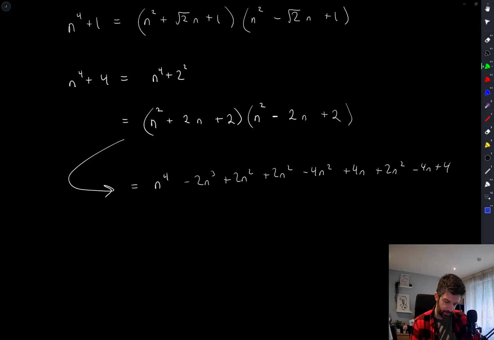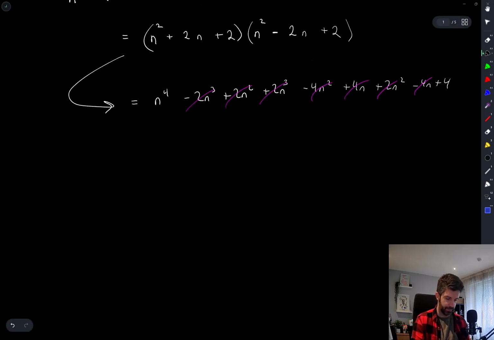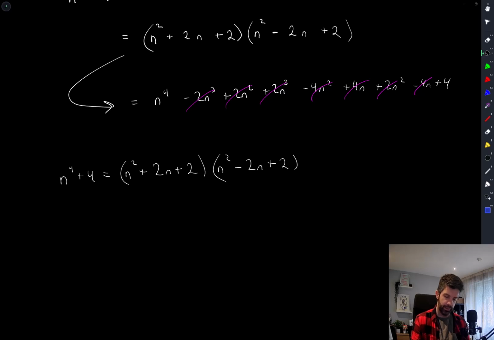I'm missing another n cubed term; this should be an n cubed here. So that's gone with that. Those three cancel and those cancel. Okay, so n to the 4 plus 4 is equal to n squared plus 2n plus 2 times n squared minus 2n plus 2.